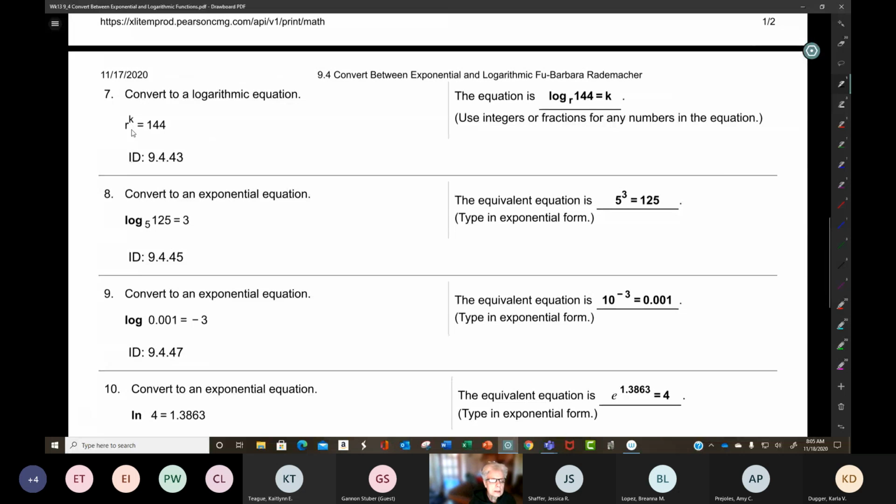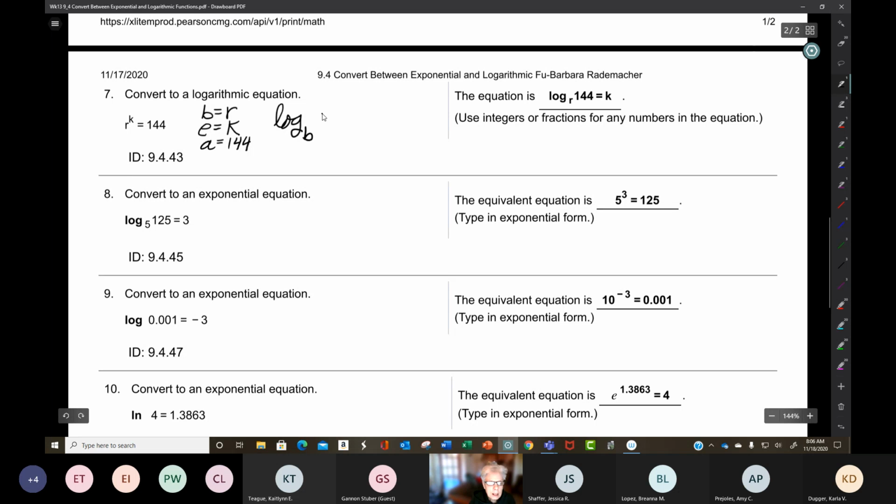All right, now, B equals R, E equals K, A equals 144. We're supposed to change this to a logarithm. So this is going to be log. Should I put the formula?